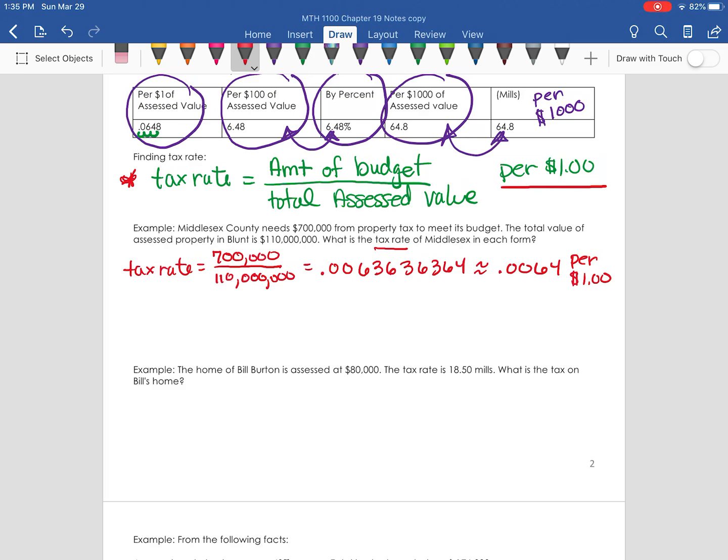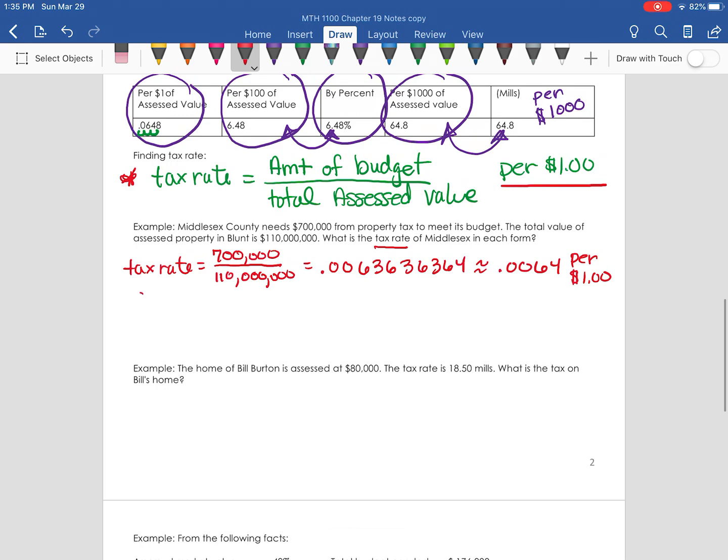Now, we're going to change this into all the different forms. If I want to figure out what it is per 100, I have to move the decimal place over. Let's see, 2 places. So per 100, that would give me 0.64.